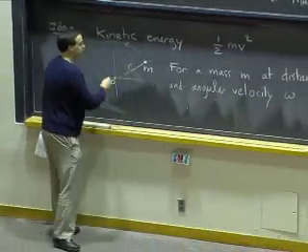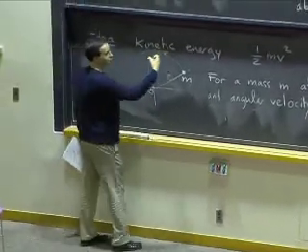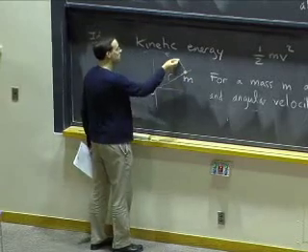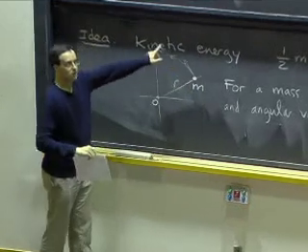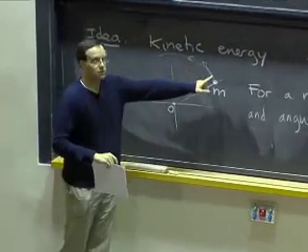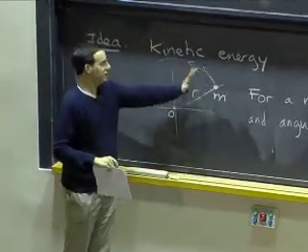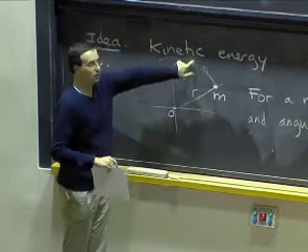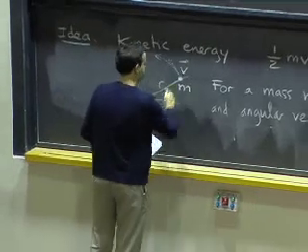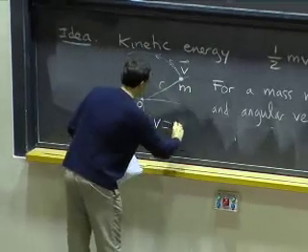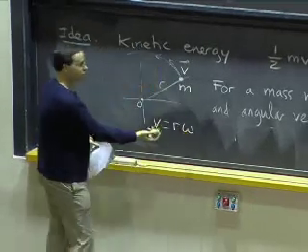Well, what's the kinetic energy now? First we have to find out what's the speed. If we are going on a circle of radius r at angular velocity omega, that means that in unit time we rotate by omega and we go by a distance of r times omega. So the actual speed is the radius times the angular velocity.